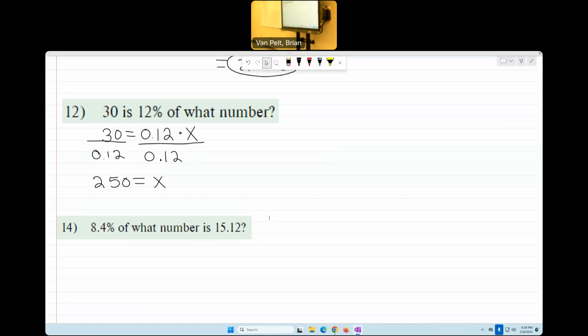If you want to get that thing alone, you need to get rid of what's with it, and X will be by itself. How do you do that? So we divide by 0.084. This came out really good, 180 for X.